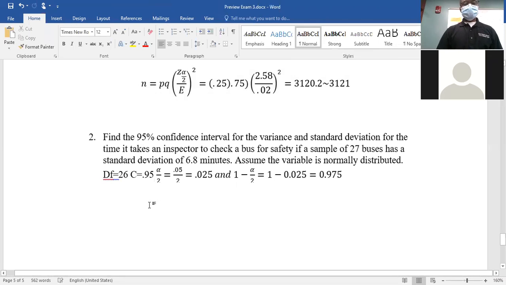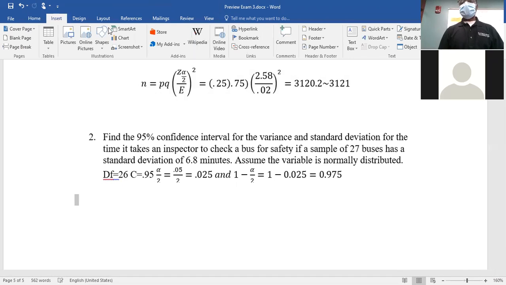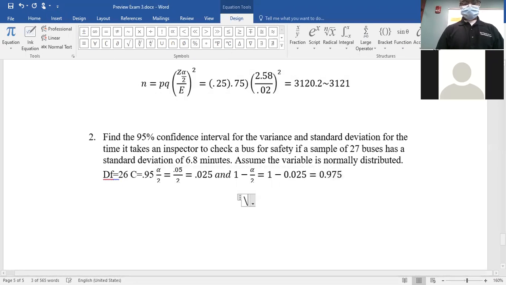So now, what is the chi-square right? That is for alpha over 2. Has anyone checked that? It is equal to 41.923.